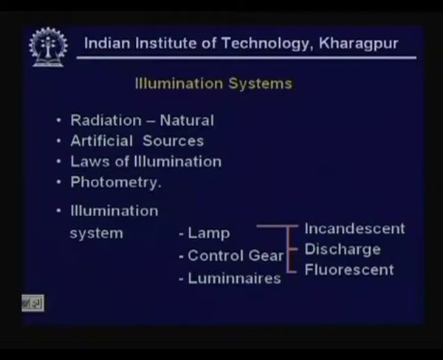It could be using incandescence in the case of an incandescent lamp, electroluminescence in the case of a discharge lamp, fluorescence in the case of a fluorescent lamp, and then 2, the control gear, 3, the luminaires.